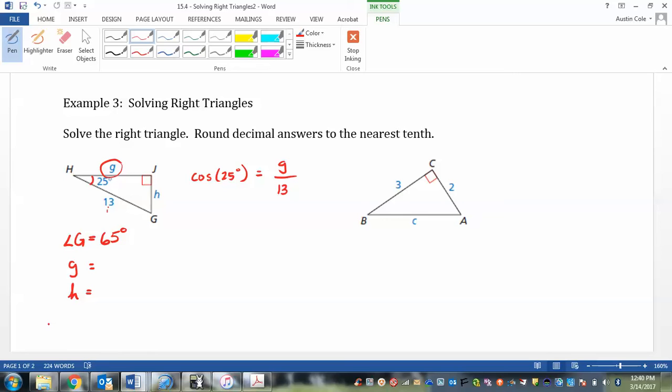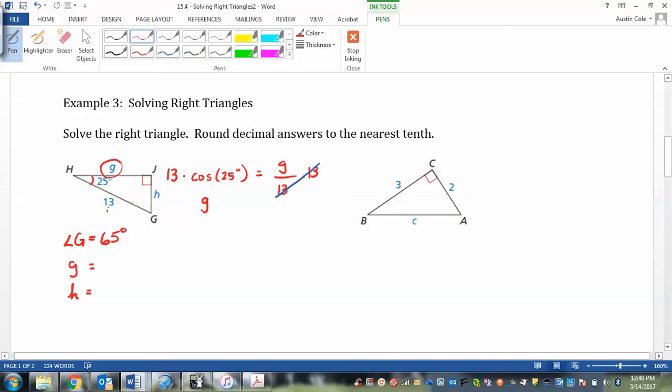How do I solve for G? Multiply by 13 on both sides. Those cancel, and now I get 13 times cosine 25 degrees.